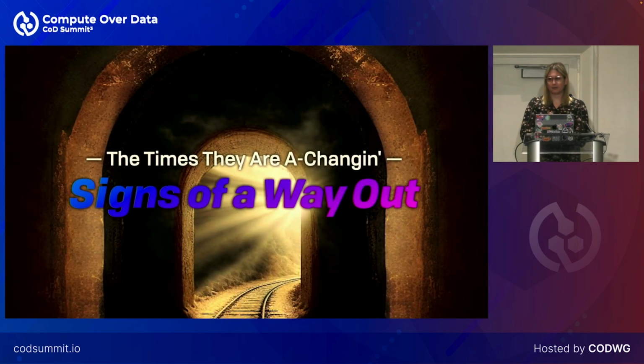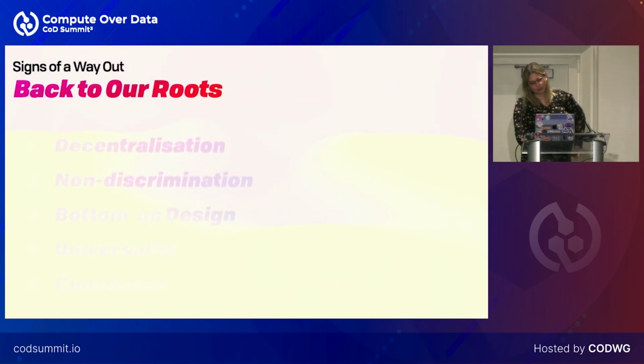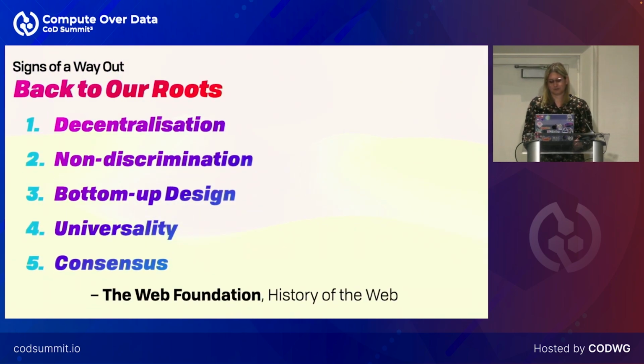The good news is that we finally have some signs of a way out of the current world, out of the status quo. When the web was started, it had these 5 principles, right? And a lot of those actually sound a lot like Web3 principles. Decentralization and consensus in this case mean slightly different things from what we'd think of from a Web3 focus.